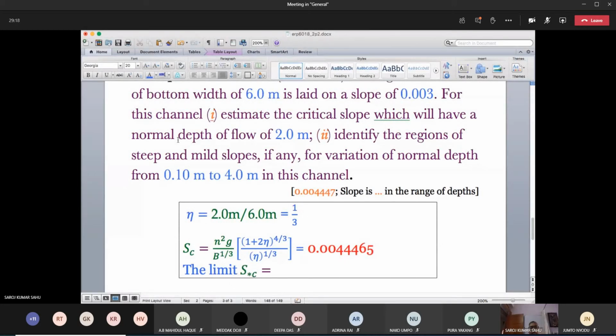The limit slope S star C is that quantity: S_C into b to the power 1 by 3 upon n square g.